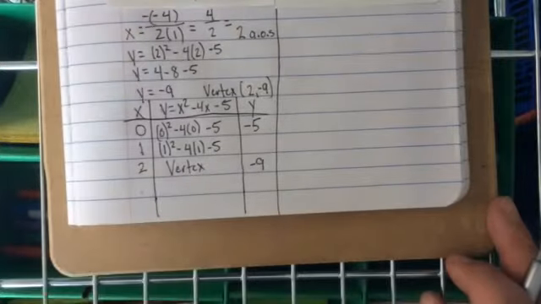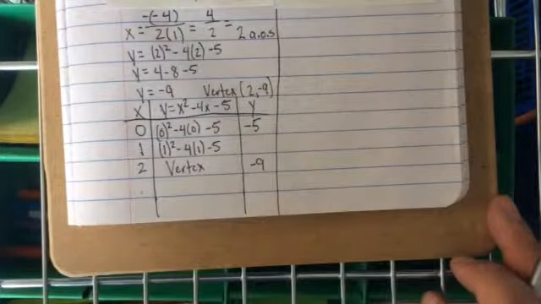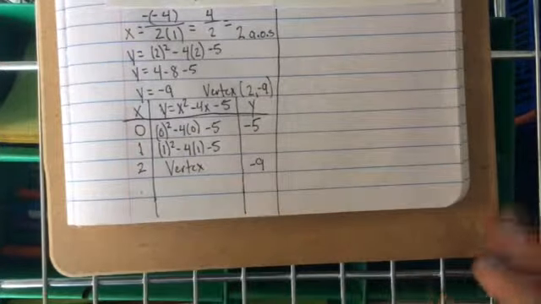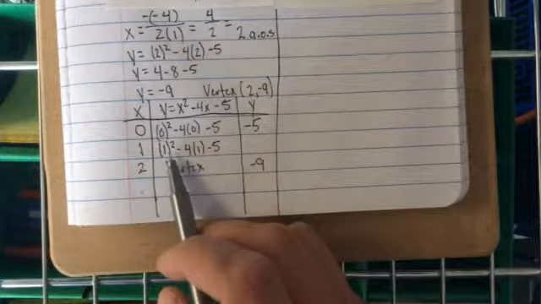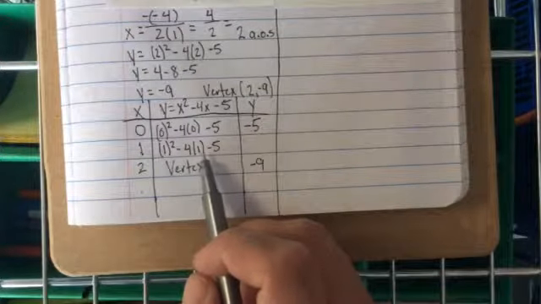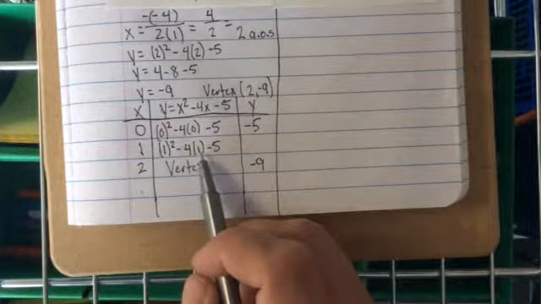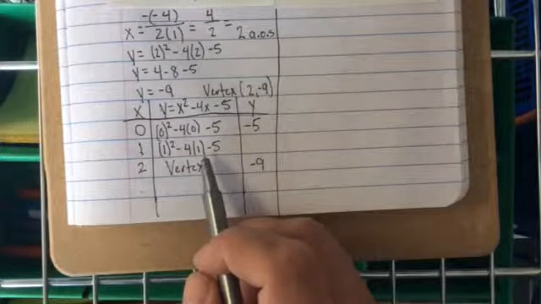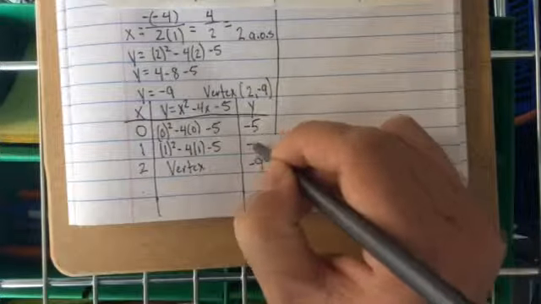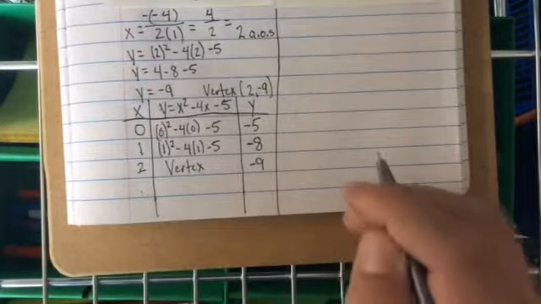So now we have, parentheses, 1 squared minus 4 times 1 minus 5. So 1 squared is 1, minus 4 times 1. So 1 minus 4 is -3, minus 5 is -8.